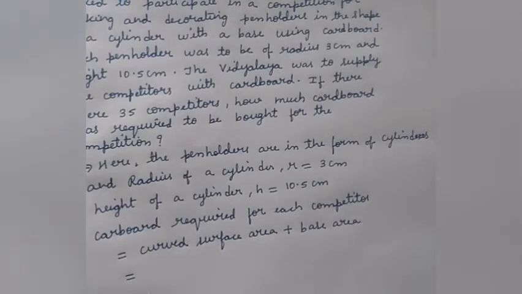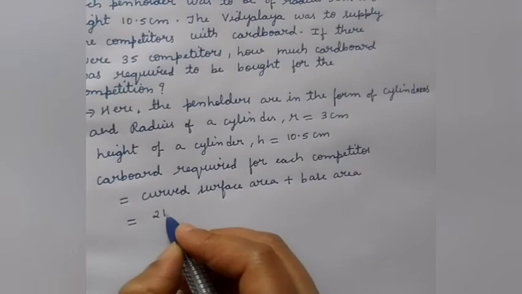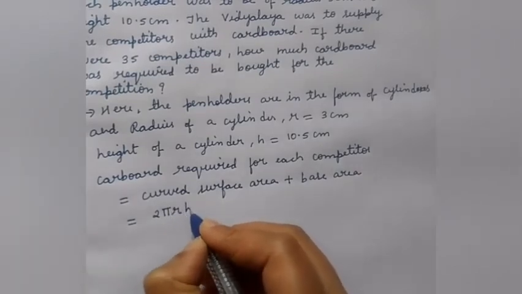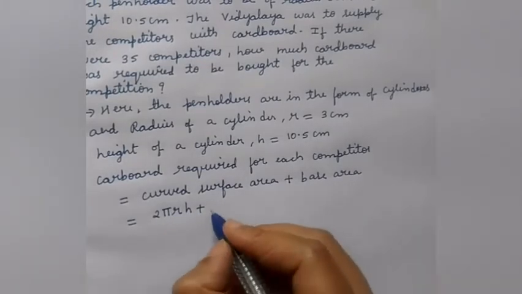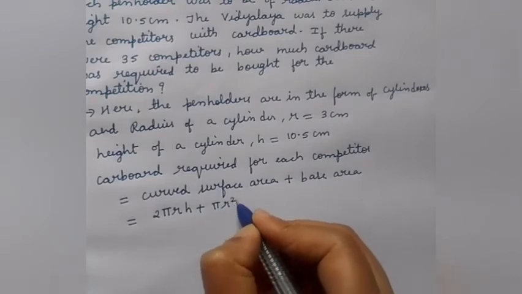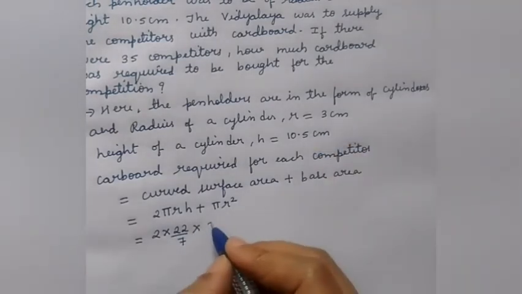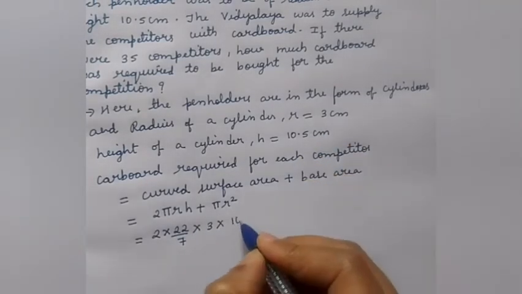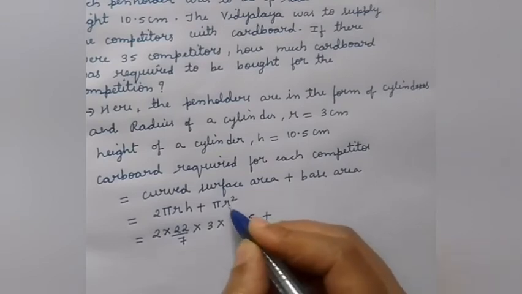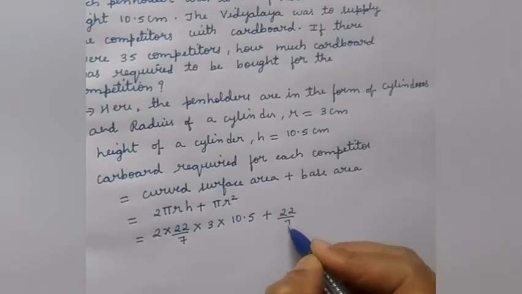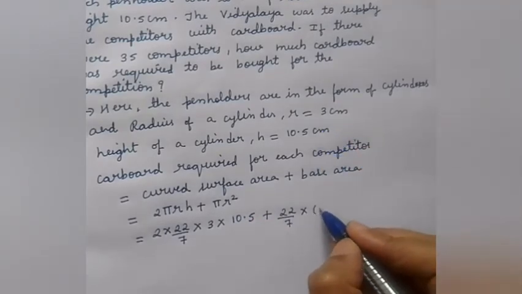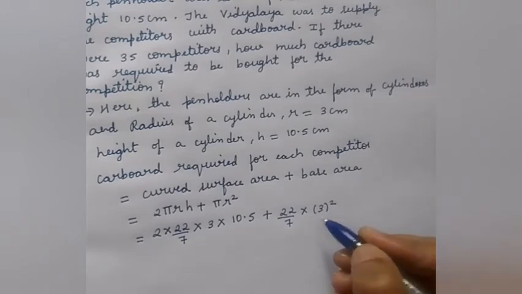The curved surface area of the cylinder is given by 2 pi r h, and the area of the base is pi r square. So it is equal to 2 into 22 divided by 7 into 3 into 10.5, plus 22 divided by 7 into 3 square.